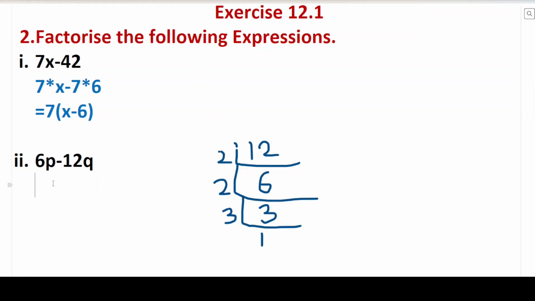So 6p minus 12q. 6p we can write as 2 into 3 into p. And find the factors of 12q. By using the LCM we can find the factors. 12 we can write as 2 into 2 into 3 into 1 into q.